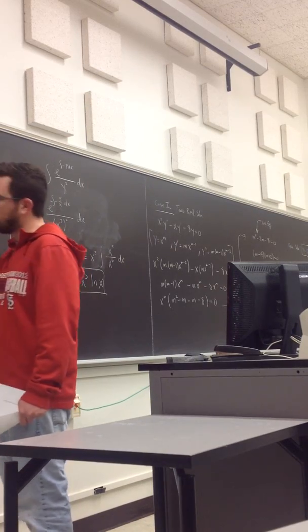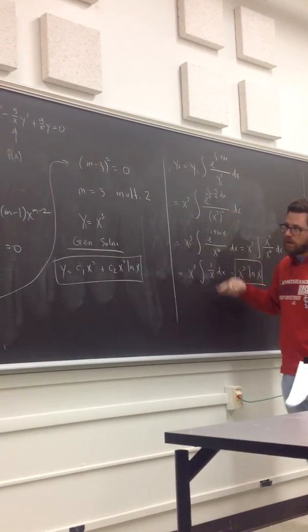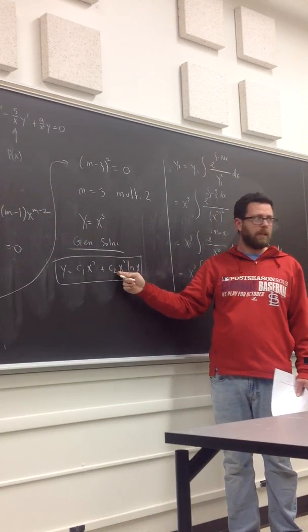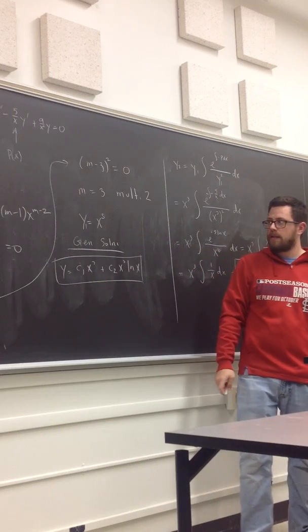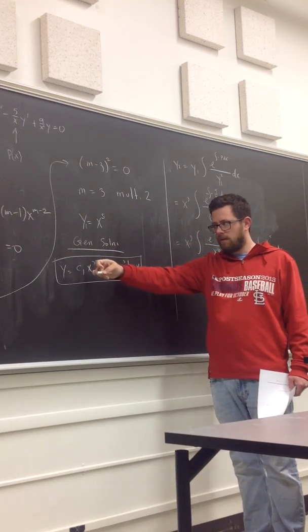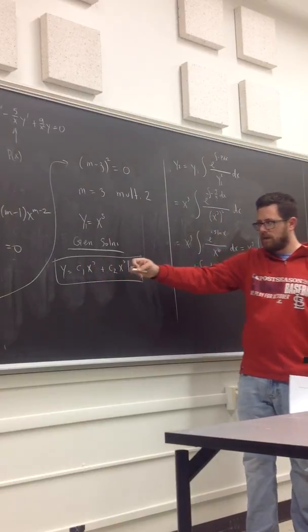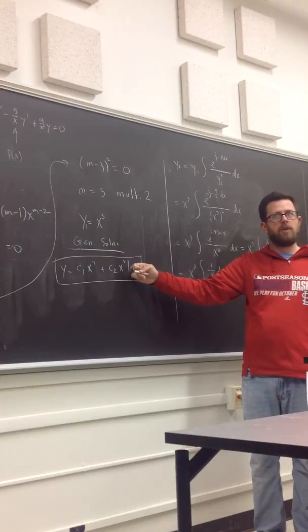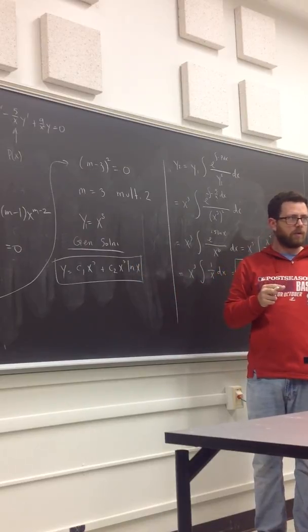Like before, you don't need to go through this each time. If you have multiplicity, you can fix it by multiplying by log x. If it happened to be multiplicity 3, then first solution x cubed, second solution x cubed times log x, third solution x cubed times quantity log x squared.